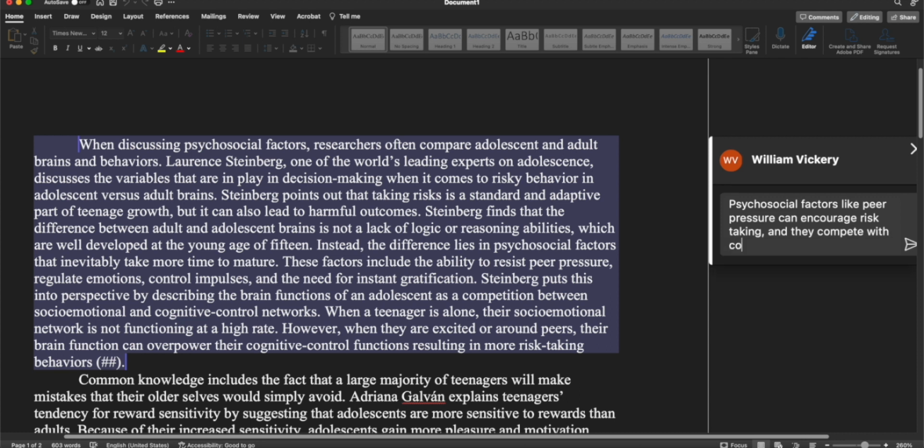What was the thing they compete with in here? Cognitive control networks.